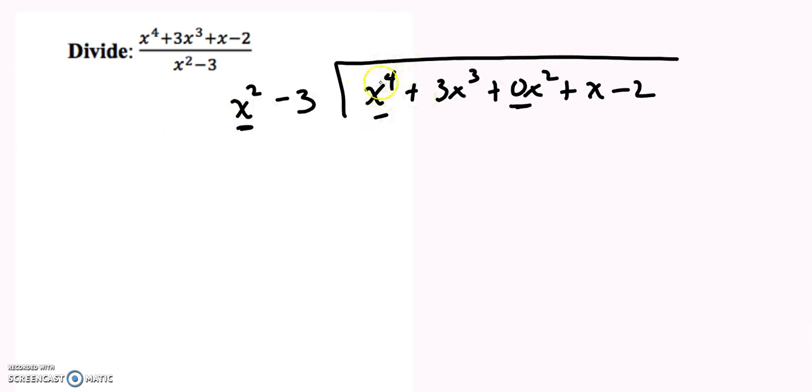I'm not going to put x squared above the fourth or the third exponent. I'll put it over the x squared. So x squared goes into x to the fourth, x squared times. If I multiply those together, I get x to the fourth. I get a minus 3x squared. But I have to subtract.